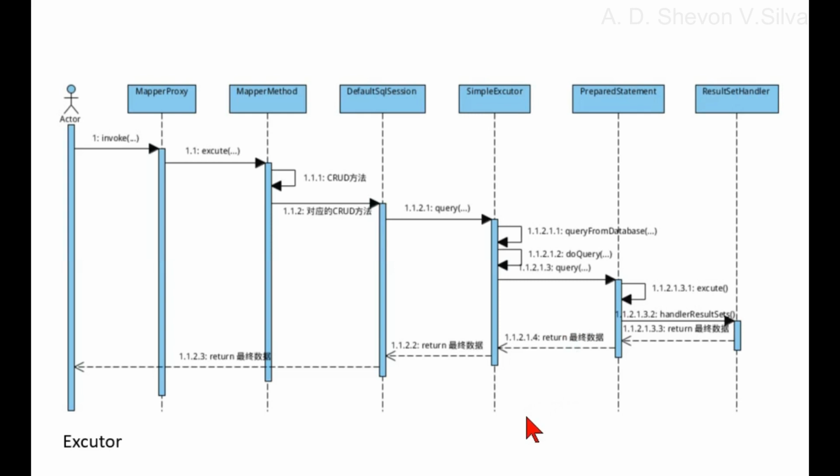Obviously the batch performance will be better, but the batch mode also has its own problems. For example, in an insert operation before the transaction is committed, there is no way to obtain the self-incrementing ID, which does not meet the business requirement in certain situations.